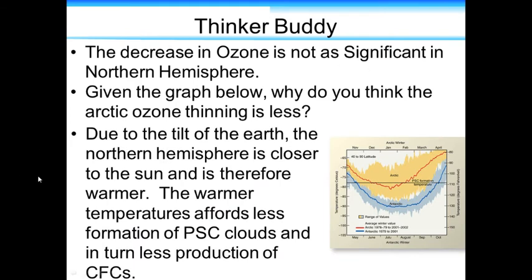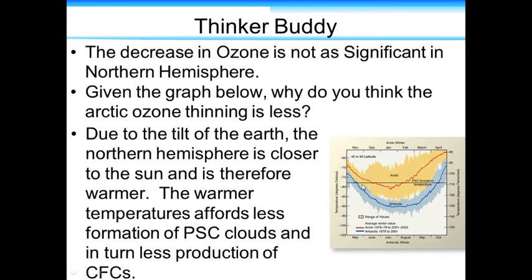So we mentioned that the Earth is tilted. The northern hemisphere is closer to the sun and therefore warmer. And if you look at this graph here, we've got this line that says PSC formation, those polar stratospheric cloud formations.